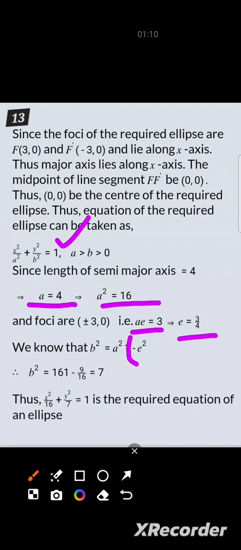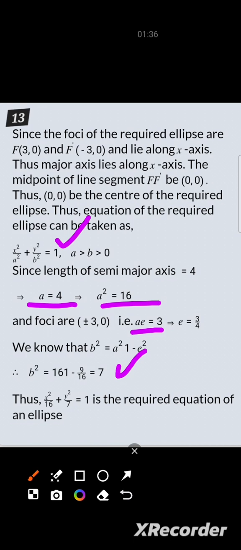The bracket is missing, so make sure you put in the bracket. b square is equal to a square into bracket 1 minus e square, which is to be 7. By substituting the values of a and e, we get the b square value as 7. So just to substitute, x square by 16 plus y square by 7 is equal to 1.